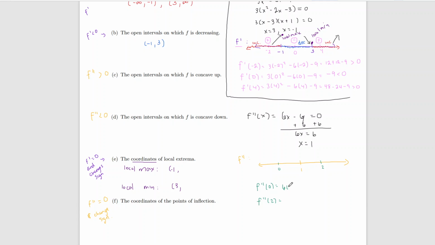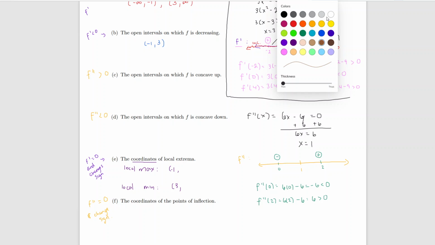We got 6 times 0 minus 6. Well, that's negative 6. And once again, we only care about whether it's positive or negative, so this is negative. That means I'm going to put a minus sign above the 0. Then when I plug in 2, I get 6 times 2 minus 6. Well, this is 12 minus 6, which is 6, and that's positive.